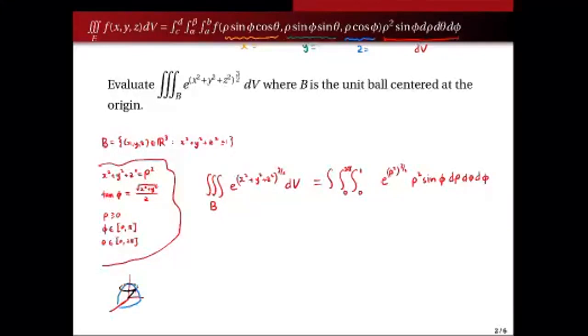Which means that our phi will run from the positive z axis going to the negative z axis. And therefore, our phi will run from 0 to pi.